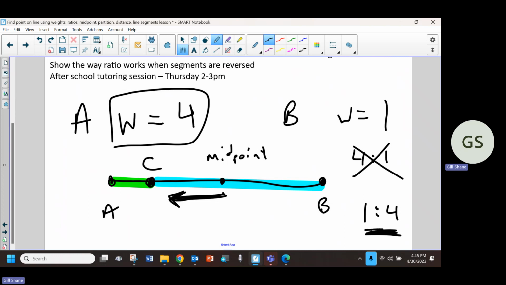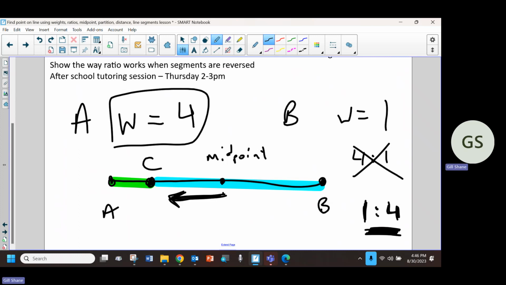Or if you want to reverse it and do ratios, then when you put the correct point on the line, the left segment, so that's this, should be much smaller than the right segment. The right segment should be 4 times as big, actually. Or you could say the left segment is 1/5 of the entire line, AB.